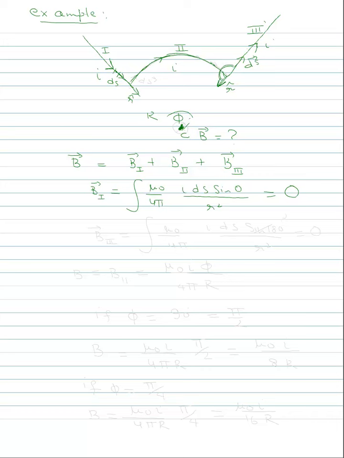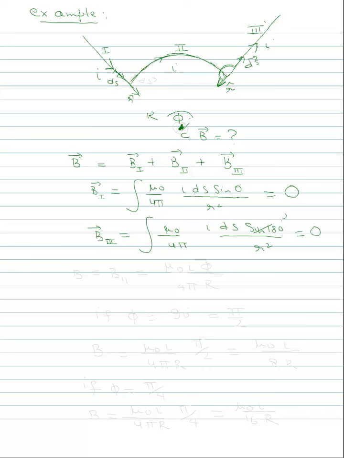So again, B due to part 3 will be this integral of mu 0 over 4 pi, I ds sine 180 degrees over r squared. But again, sine 180 degrees is also 0. So if this is 0, then this whole contribution is 0. So really these two parts don't contribute at all to the magnetic field at this point, because ds and r hat point in the same direction, or they point at 180 degrees to each other.